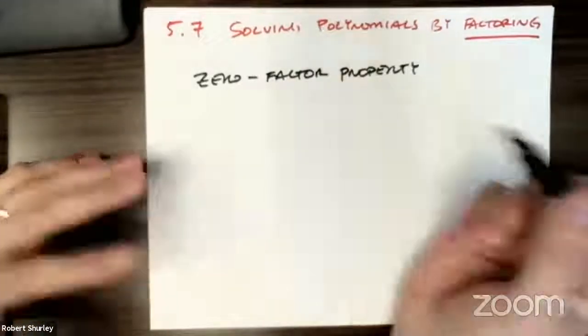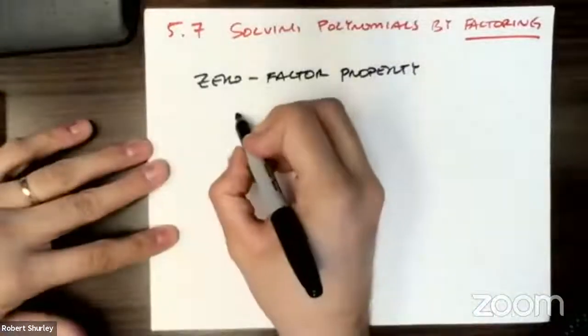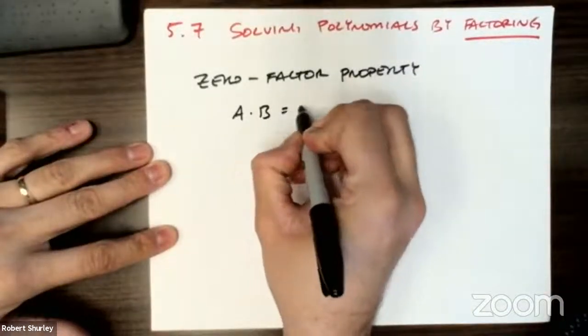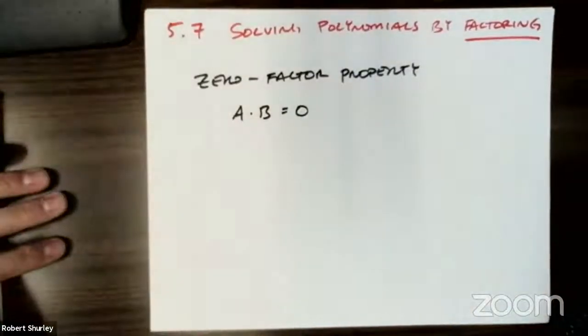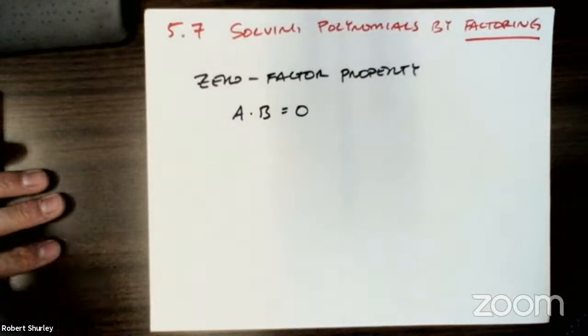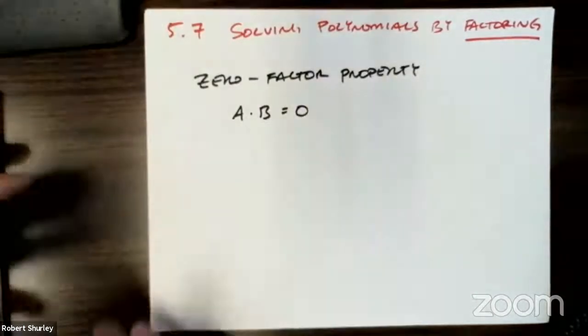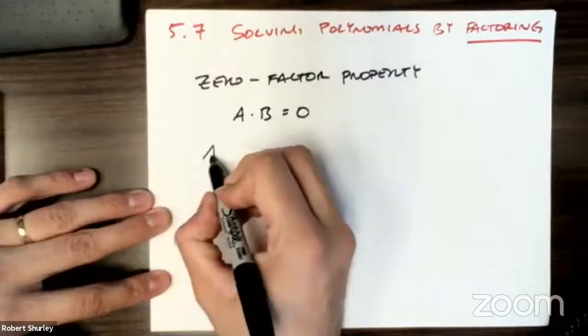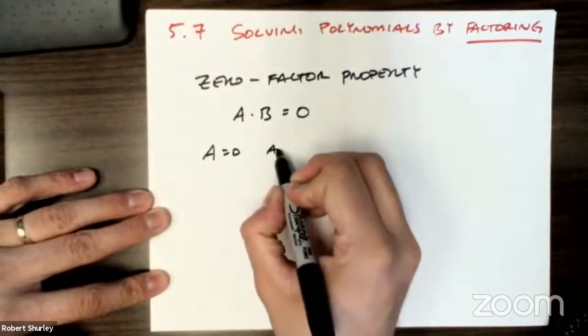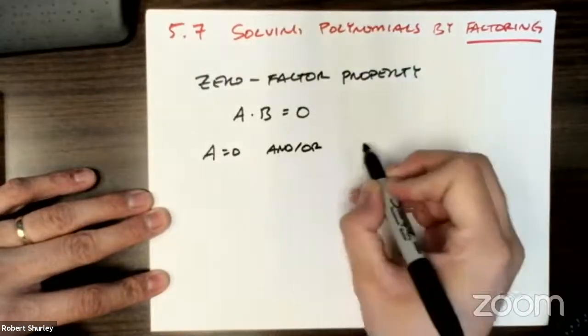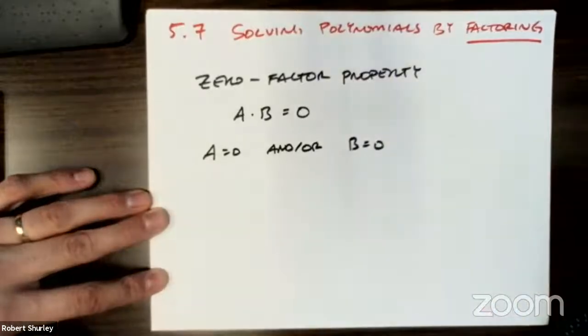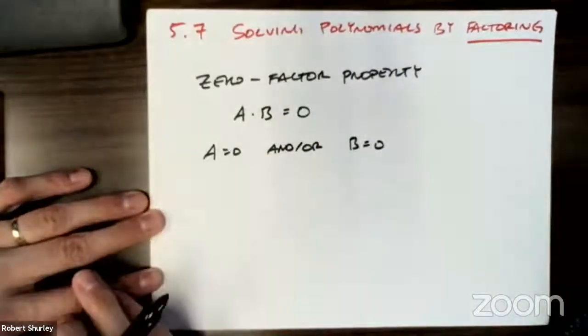For us, it's typically going to be two. If we had two terms being multiplied together, let's say just A and B, if A times B equals zero, then we know that A equals zero and or B equals zero. Okay, that's what the zero factor property says.